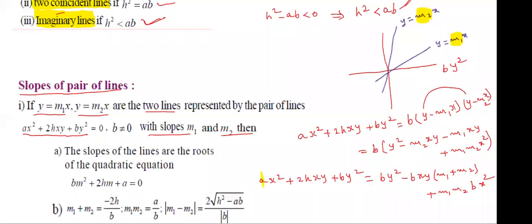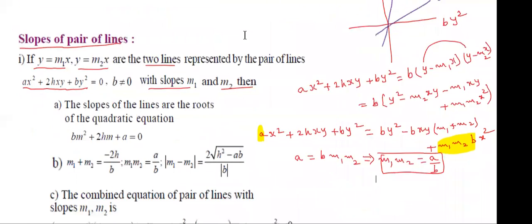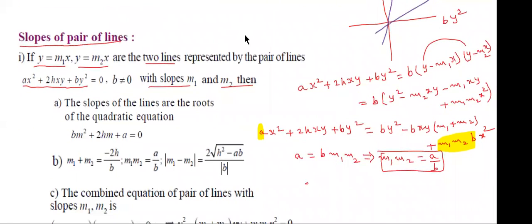first I am going to compare the x square coefficient. Here there is a, here there is b m1 m2. So a is equal to b m1 m2. In this case we get the product of the slopes. m1 m2 is equal to a by b. This is the product of the slopes. Comparing the xy coefficient, 2h is equal to minus b into m1 plus m2.